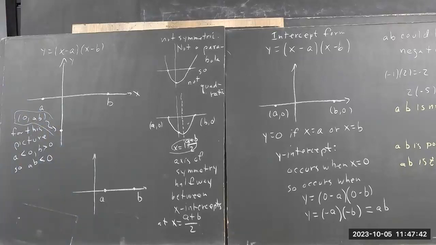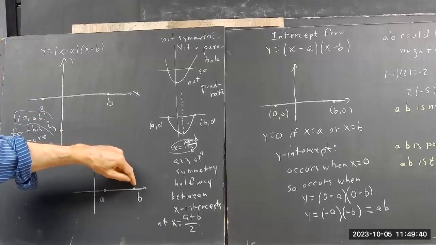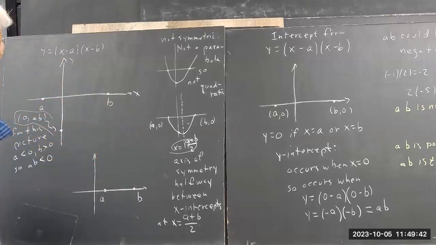Now, we don't have a scale on the y-axis, so you can put it anywhere on the y-axis, you've got half the y-axis to choose from. What you see about this is A and B are both to the right of the y-axis, which means A and B are both greater than 0. If A and B are both greater than 0, that means that AB is greater than 0.